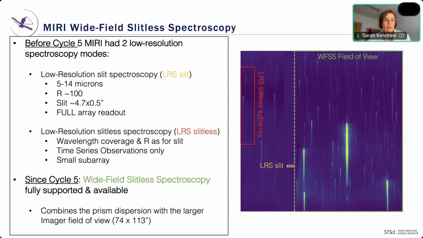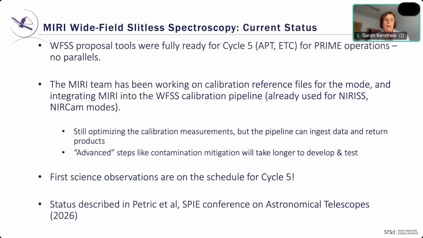It will be used for the first time in cycle 5 for science. We are still working on pipeline and calibration reference files. We have been taking a lot of calibration data in the past year, and working on fully integrating MIRI into the wide field slitless calibration pipeline. Of course, NIRISS and NIRCam have these modes as well, so there is already some infrastructure in the pipeline for those modes.